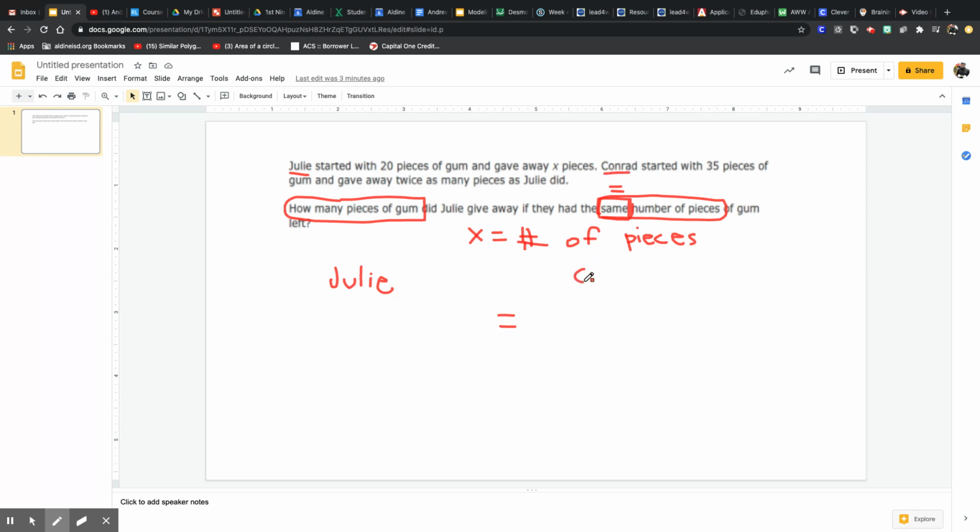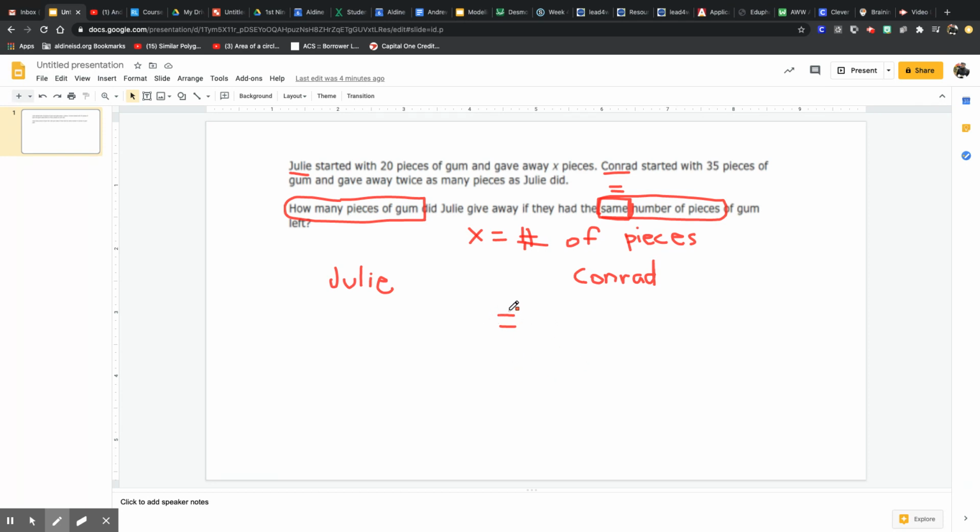I've got Julie's pieces of gum on the left side, and Conrad's pieces of gum on the right side of my equal sign. Remember, the number of pieces is going to be equal for Julie as it is for Conrad, because our question wants to know how many pieces, that's our unknown, that's our variable, did Julie give away if they had the same number of pieces of gum left. So when this is all over with, they need to have the same number of pieces.